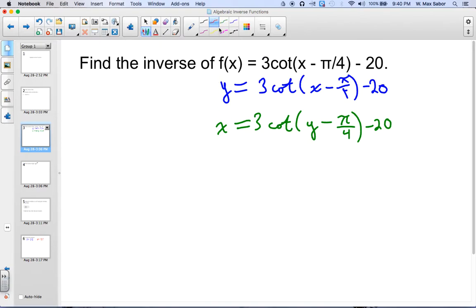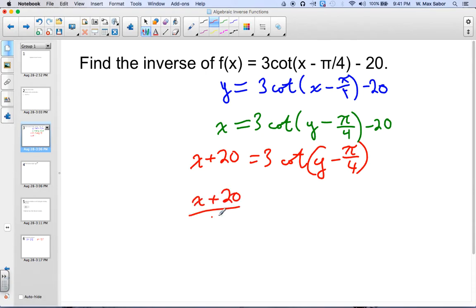Now, let's solve for y. Move the 20 over to the other side. Then divide by 3. Now, we have to know the inverse function of cotangent.